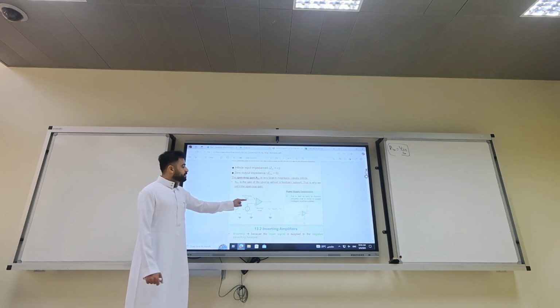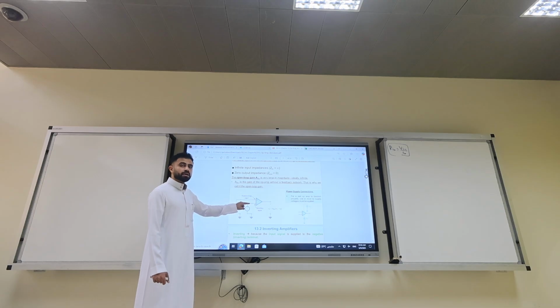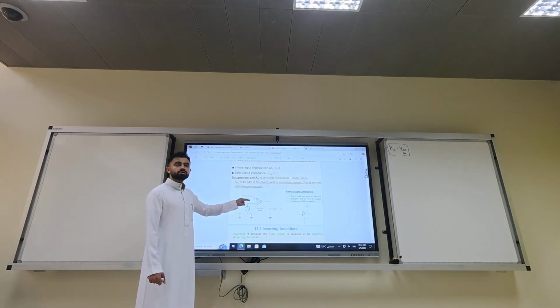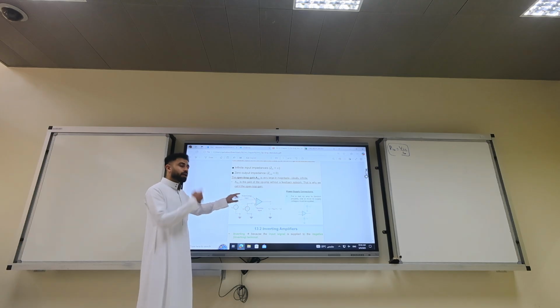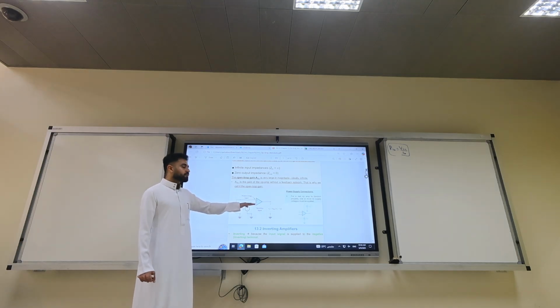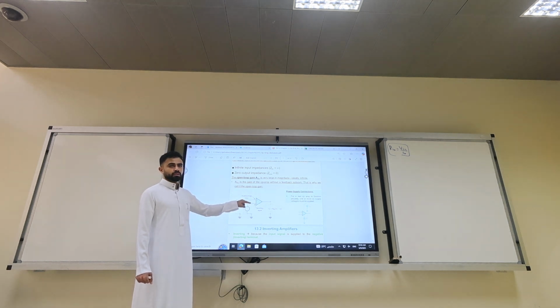Note that if there is no negative feedback, the summing point constraint does not exist. In other words, the positive terminal would have a voltage, the negative terminal would have a voltage, and they will not be equal to each other. When are they going to be equal to each other?